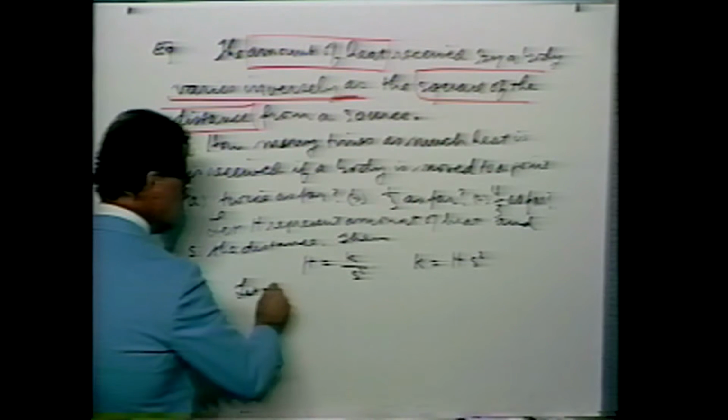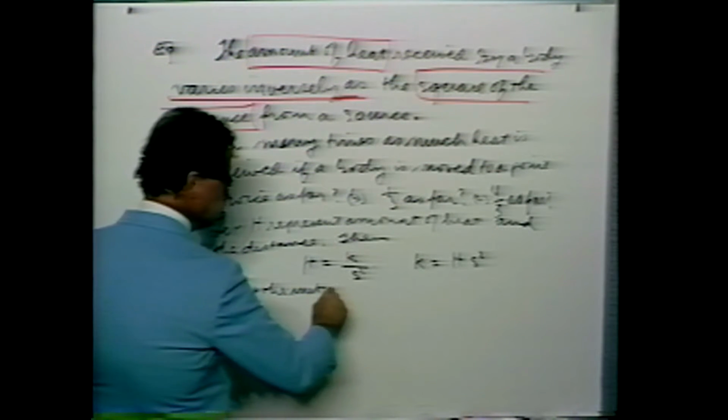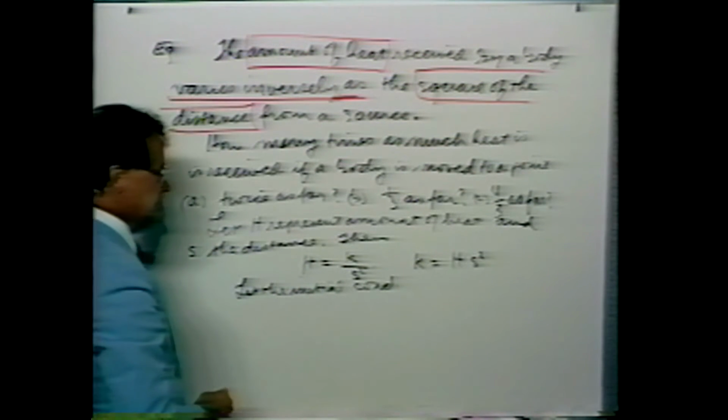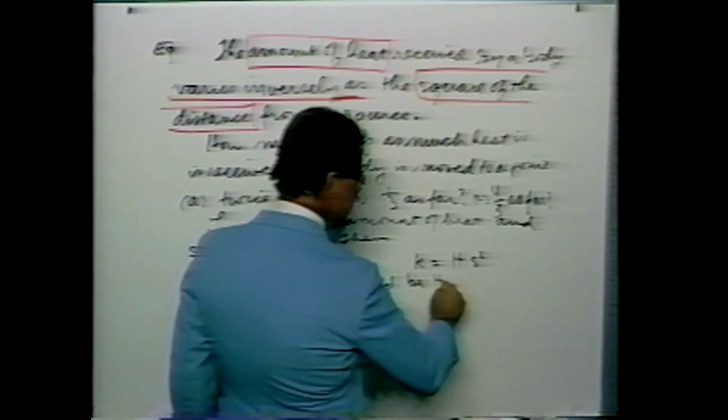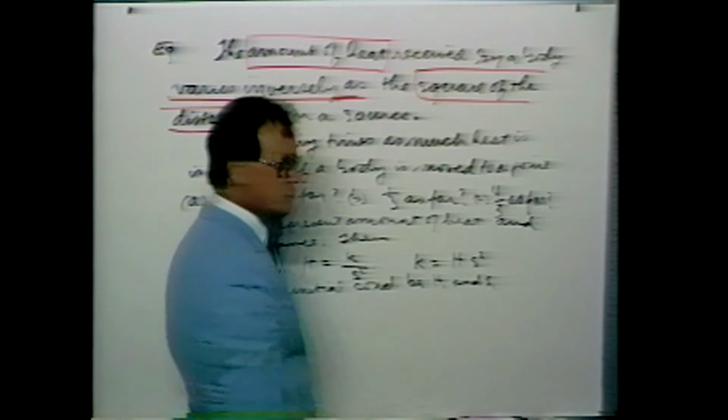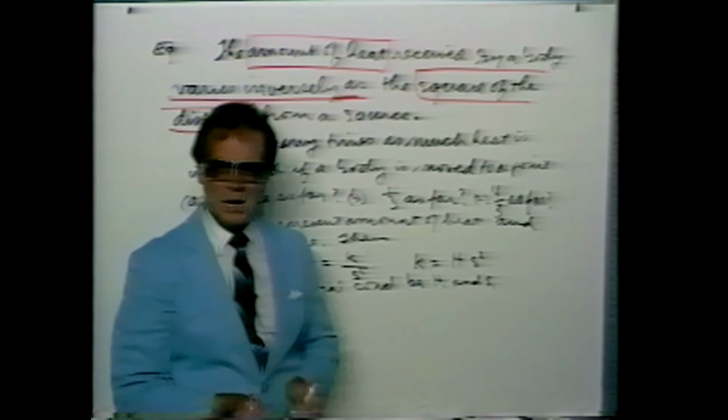Let the initial conditions, I'll use COND for short, be H1 and S1. The subscripts indicate that those are numbers.